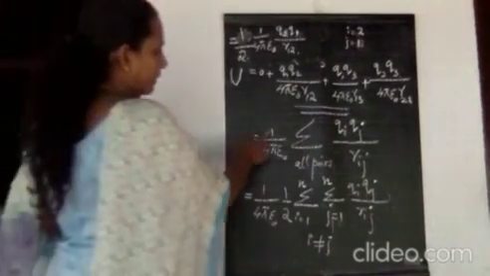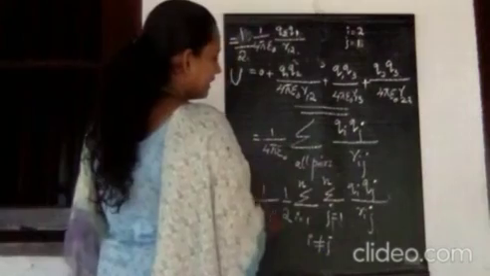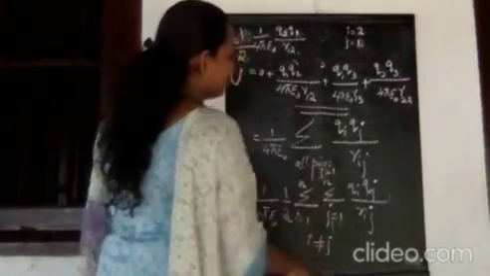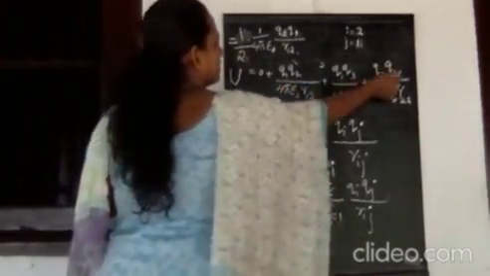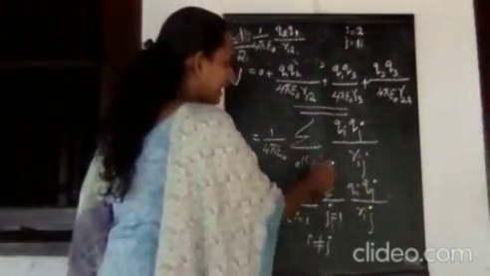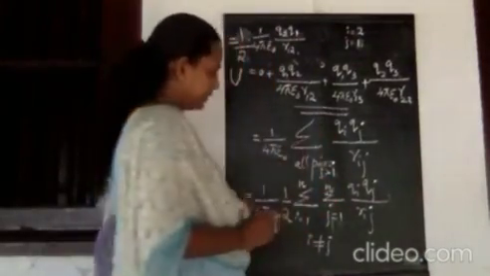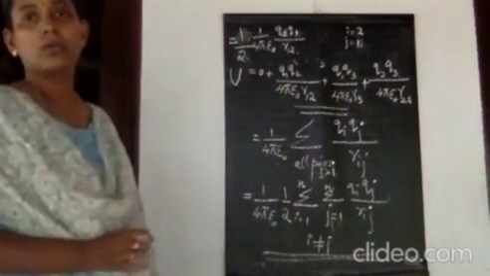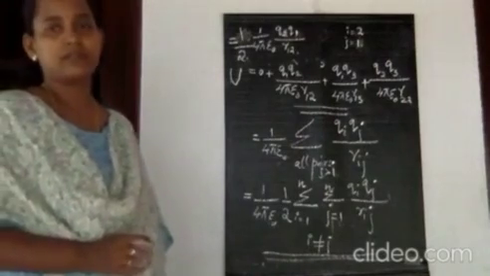And if you are writing 1 by 4 pi epsilon 0 sigma over all the pairs, you can specify that the pair must be in such a way that j is greater than i. All the pairs you can choose, but in such a way that j is greater than i. So this is a general expression for the potential energy of a system of n point charges.